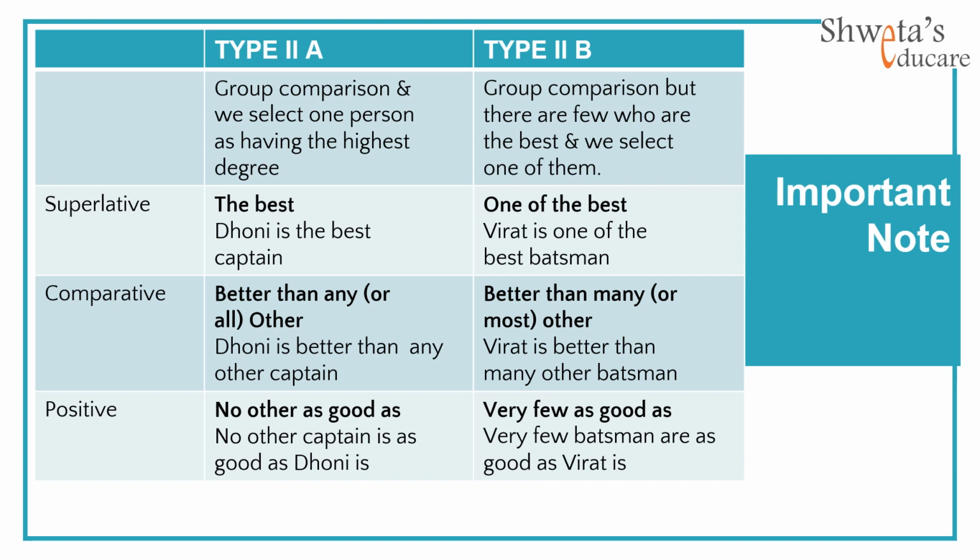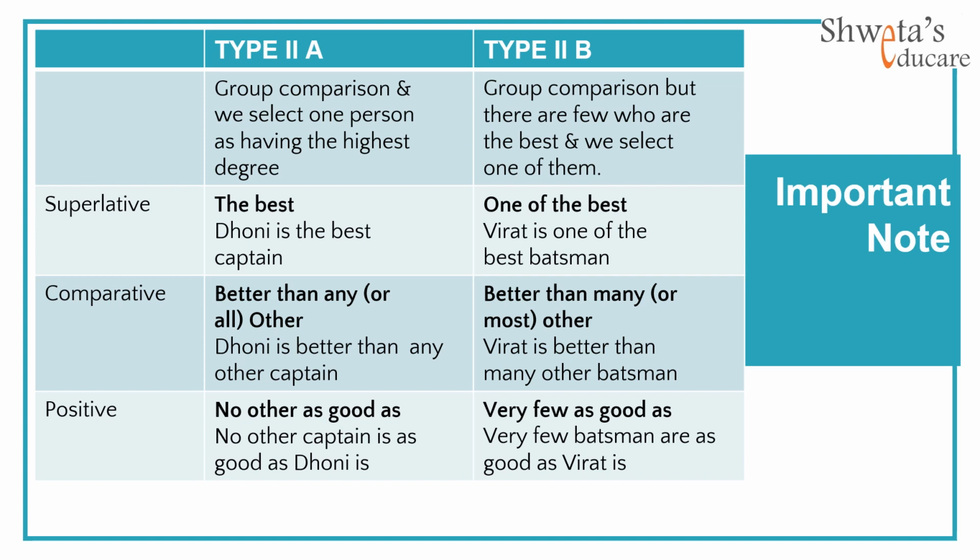So again type 2A, it says comparison is in a group and we select one person as having the quality in the highest degree. So let's take an example. In our Indian team, whom do you think is the best captain? What comes first in your mind? Yes, MS Dhoni.